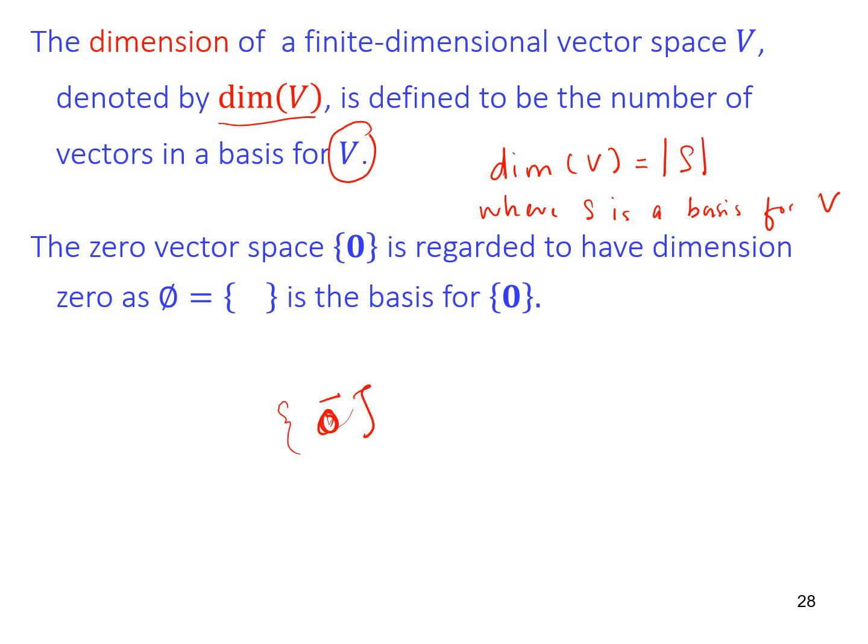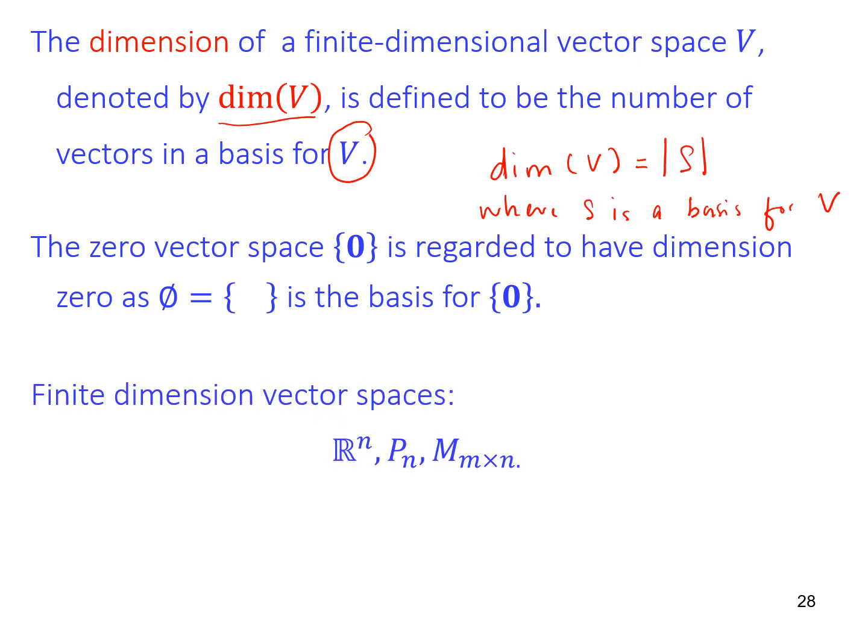We have seen that in the first subtopic of topic 3. We note that the basis for the zero vector space is empty, and therefore the dimension of the zero vector space is 0.